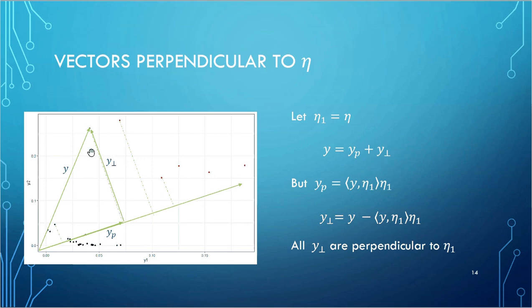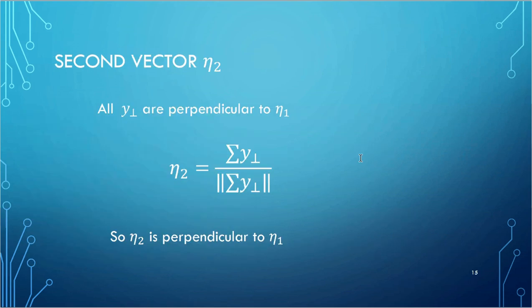So from all y we find the y perp, the perpendicular component: from y we remove the parallel component, and all the y perps are perpendicular to our eta, which we are going to call eta 1. And we do the same procedure for all y perps. For all y perps, we find eta 2 by doing the same procedure in the y perp space. So our eta 2 is perpendicular to eta 1.